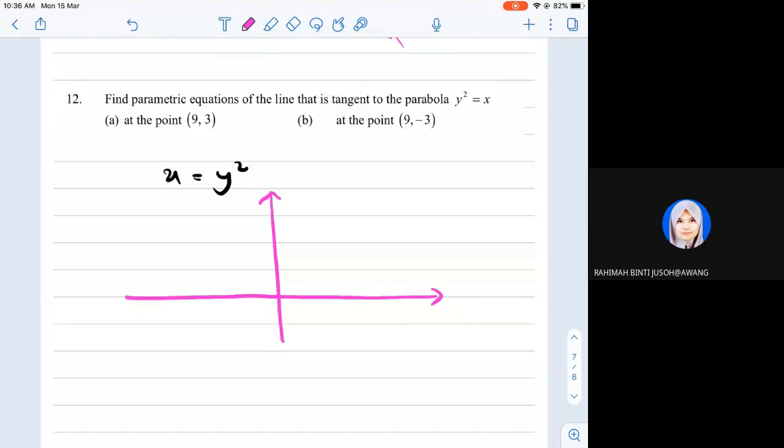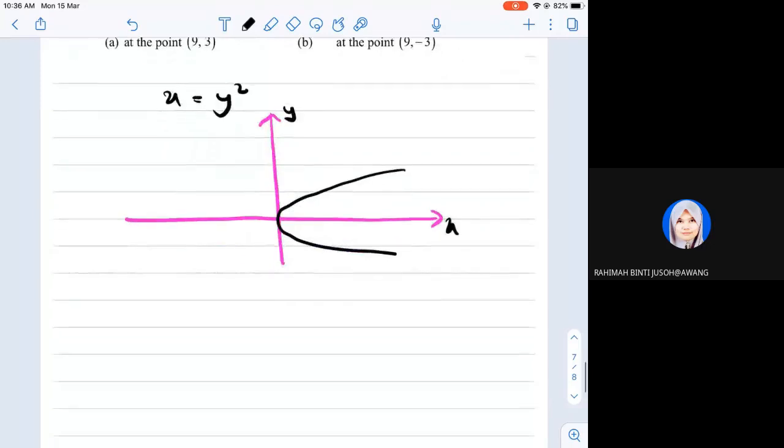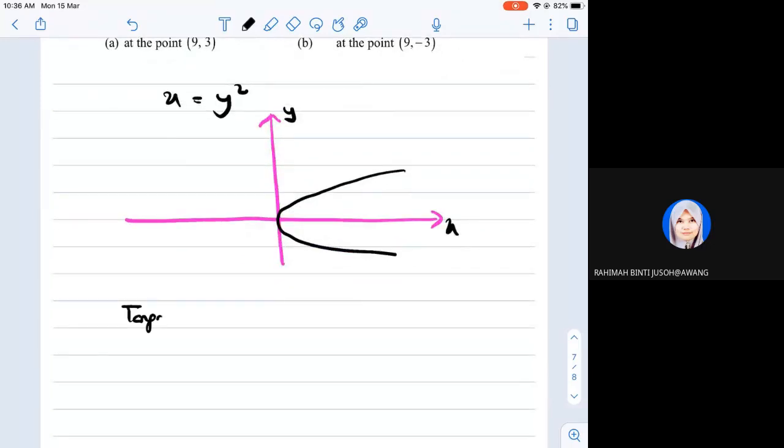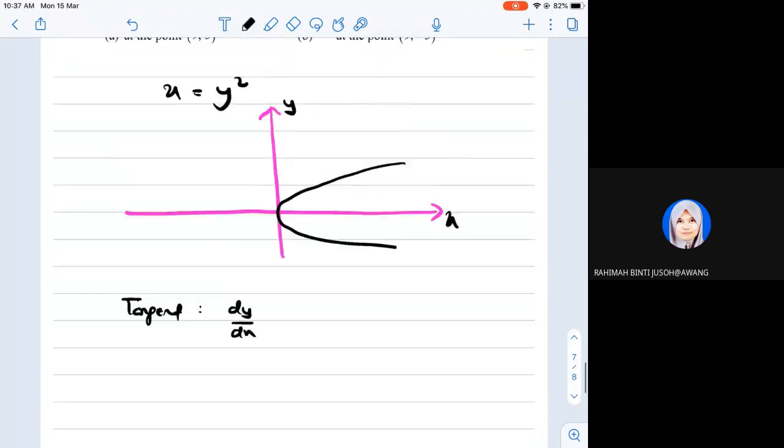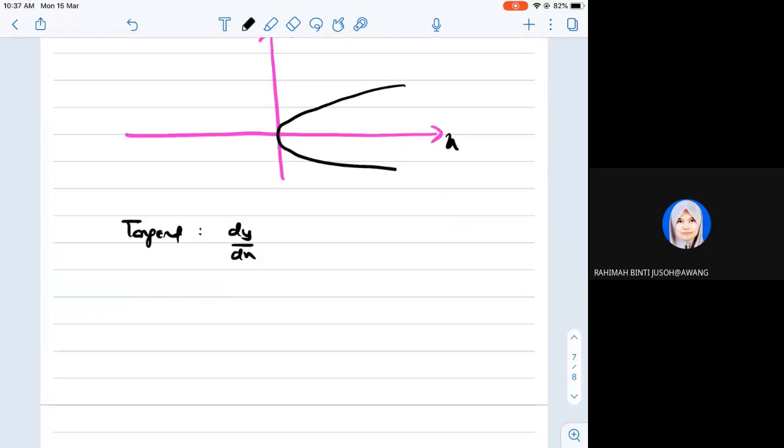So kita macam ni kan. X and Y, so we have this. Okay, so now we have this equation. Okay, so tangent, sama juga soalan dia tangent. We need to find dy dx. Alright, so we have this equation. X equals to y squared, isn't it? Okay, x equals to y squared.